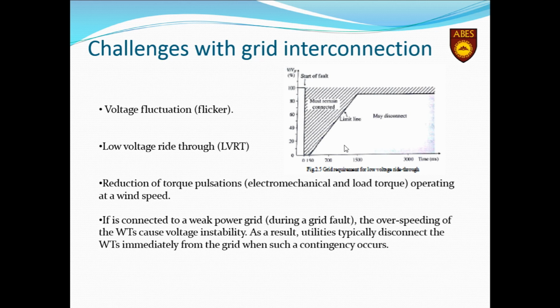So when this condition occurs, certainly we will go for the fault clearance, but up till then LVRT is used for deciding whether the wind turbine should go for tripping or not.